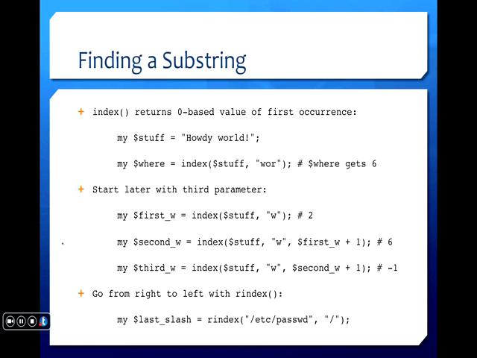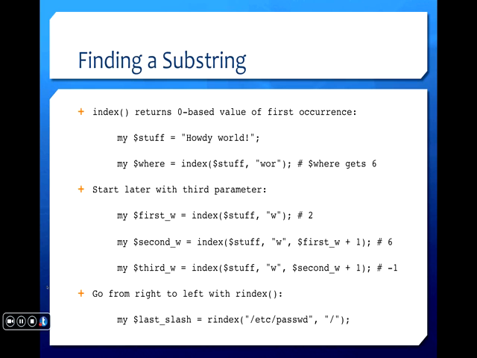Now I can use it to find more than one character or string inside the long string. As you can see in the second example, I'm searching for the character W inside the string. In the first case, it's going to return 2 for me, taken from howdy. Now if I use the return value from index, which is 2, save it in first underscore W, and increment it by 1, index is going to start, through the second parameter, from that specific index, which is 3, and keep looking for another W. Here it will return 6 because the second W appears at location 6.